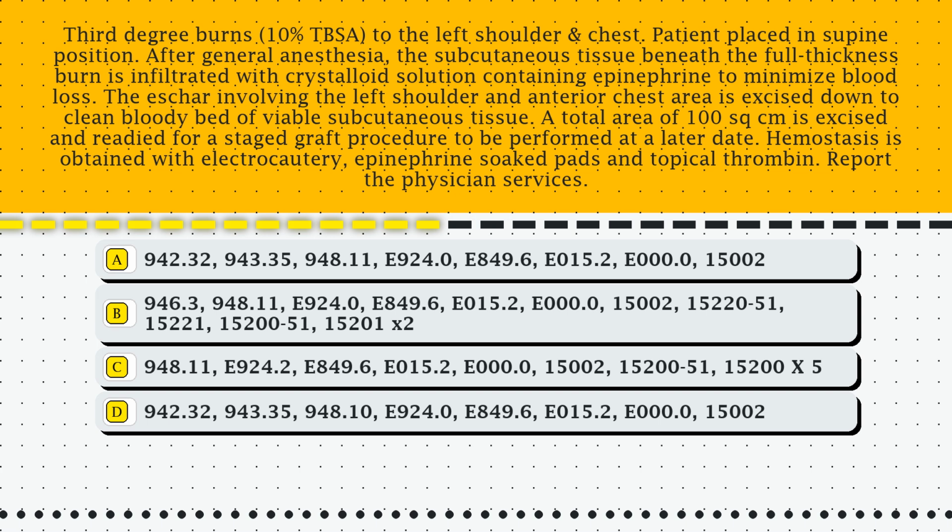Option B, 946.3, 948.11, E924.0, E849.6, E015.2, E000.0, 15002, 15220-51, 15221, 15200-51, 15201 x2. Option C, 948.11, E924.2, E849.6, E015.2, E000.0, 15002, 15200-51, 15200 x5.